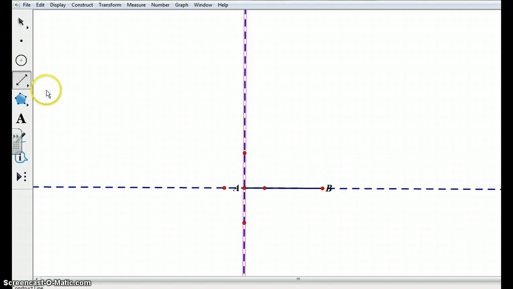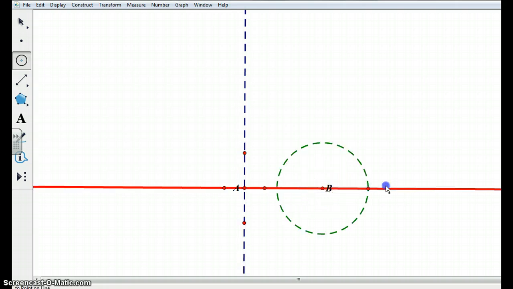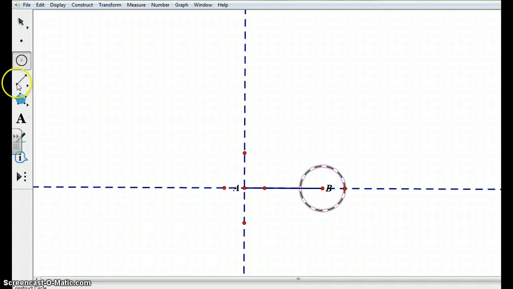We're going to do the same thing for B. I'm going to draw a circle around it. It doesn't matter how big it is, it'll still work out, and we'll get a perpendicular line through B. I want to make a point to the left of it. So we have two points to the left and to the right, and I'm going to hide this circle.